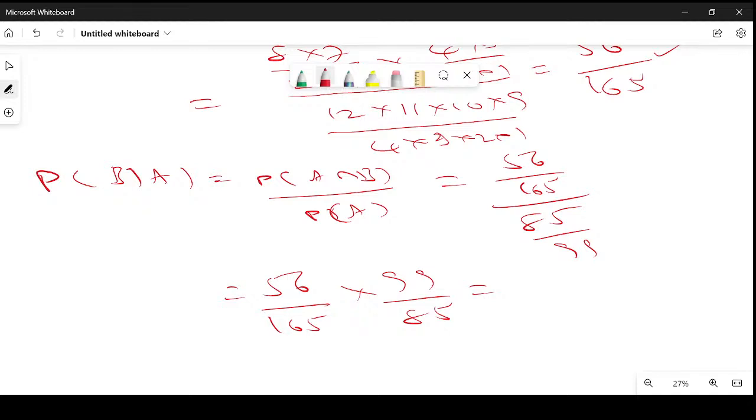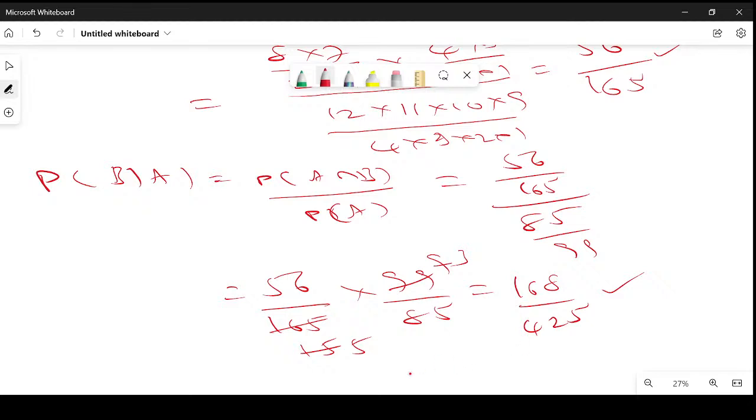You simplify this. 11 nines it comes 11, correct? 11 15s. I can simplify this. Even 3 5s, 3 3s. So you will get 168 by, multiply 5 85s, you will get 425. This will be your answer, right? 168 by 425. That will be the required answer.